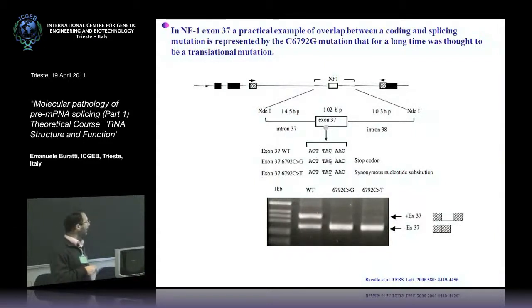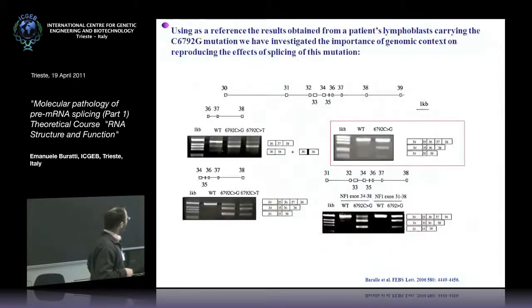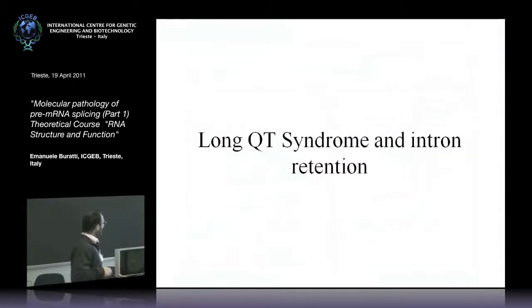But actually the phenotype of the patient could be explained by changes in alternative splicing, because TAT is actually causing the skipping of the exon.